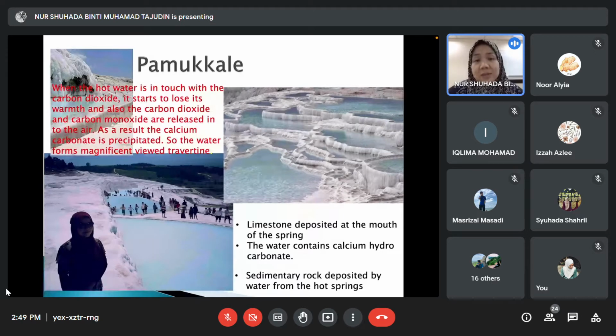When the calcium carbonate precipitates, it becomes hard, forming a hard soil made of calcium. Limestone is deposited at the mouth of the spring. The water contains calcium hydrogen carbonate. It is sedimentary rock deposited by water from the hot spring.